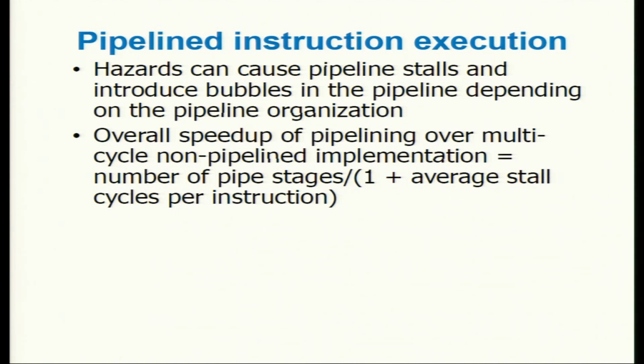And overall speed up of pipelining over multi-cycle non-pipeline implementation is number of pipe stages divided by 1 plus the average stall per instruction. So this is the ideal speed up. Number of pipe stages, as you make the pipe deeper and deeper, it should give you better and better performance. But this term here gradually eats into your speed up. So because typically as the pipe gets longer, these stalls become more and more.